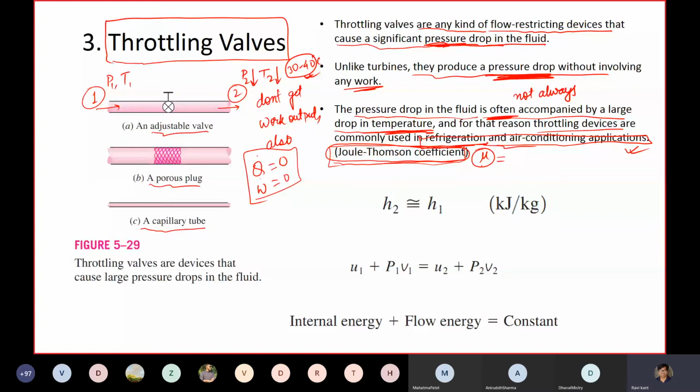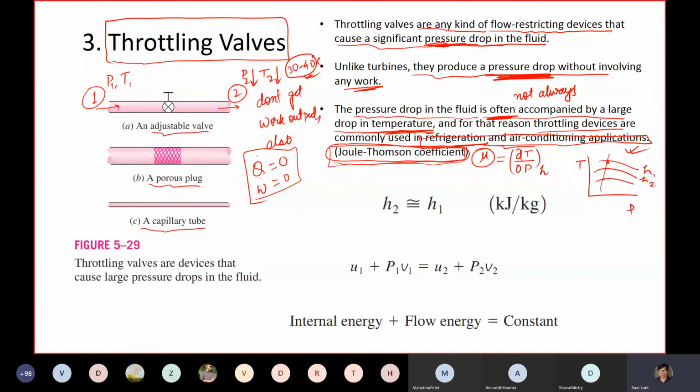So mu is called the Joule-Thomson coefficient, which is nothing but the slope, dou T by dou P at constant enthalpy. Essentially, in a T-P plot, we have some iso lines. These iso lines are isoenthalpic lines, H1, H2. There is something called inversion temperature.